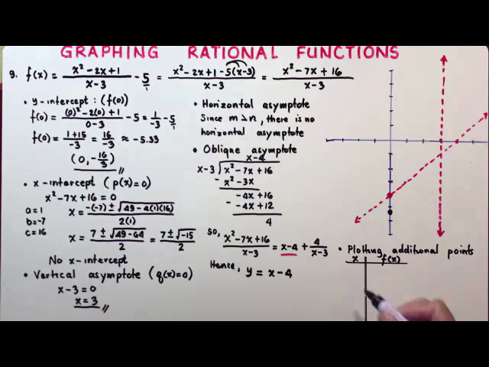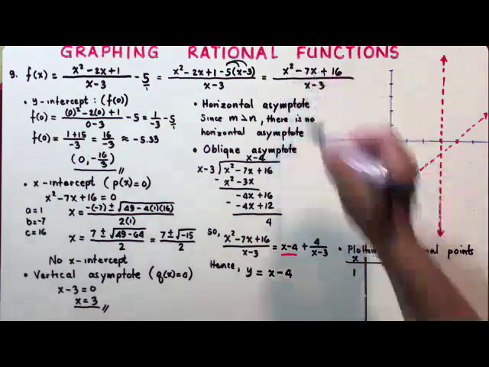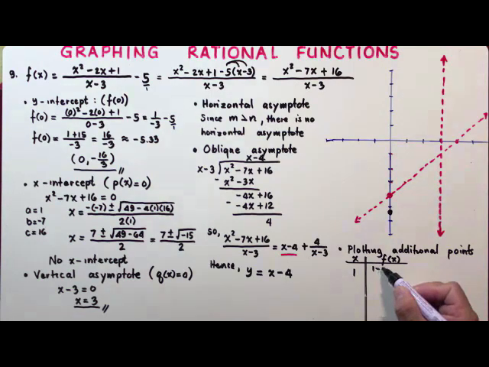So let's try when your x is 1. When your x is 1, 1 squared minus 7, because 7 times 1 is 7, plus 16, divided by 1 minus 3. The value of the function is 1 minus 7, which is negative 6, plus 16.